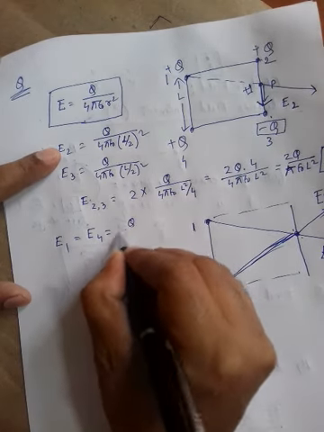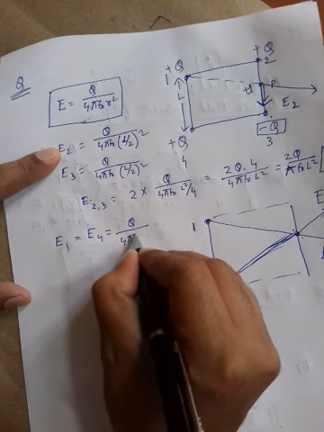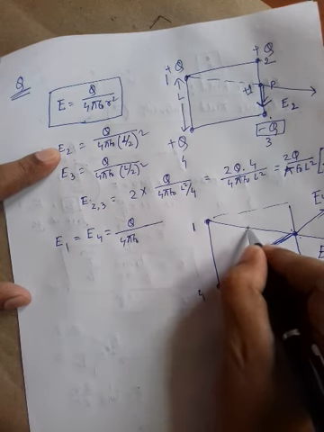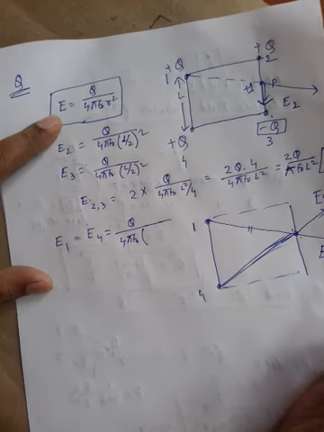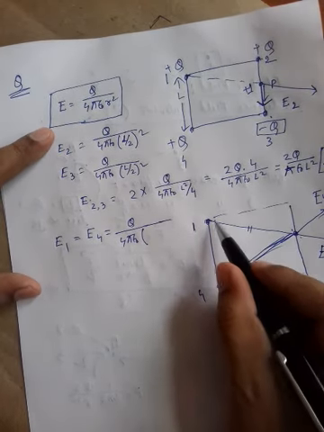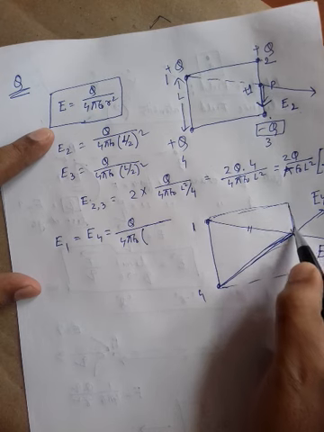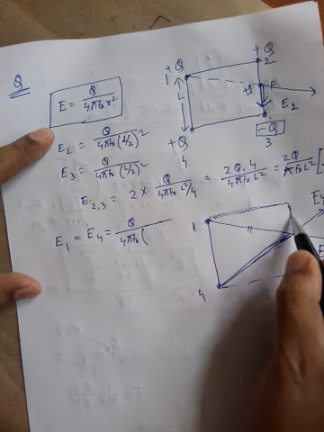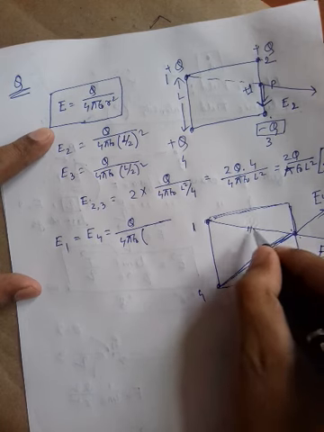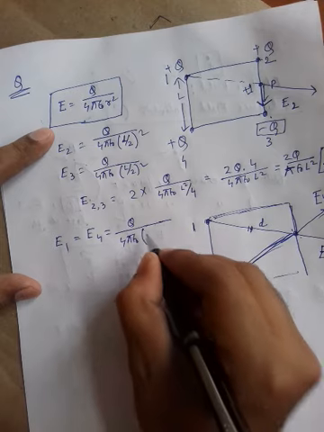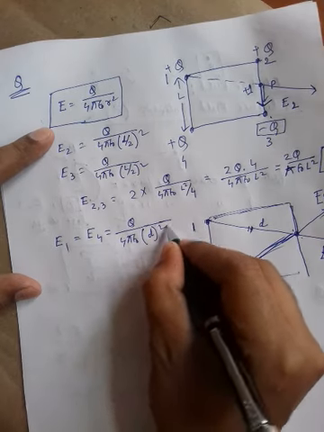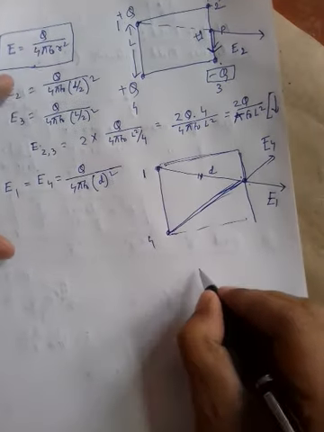So I am writing the field because of 1 or the field because of 4. It is Q by 4 pi epsilon naught, and we need this distance. Clear? What is that distance? Let me tell you. This is L and this is L by 2. So this distance, I am writing it as say D. It is D square. So what is that D? Let me show here.